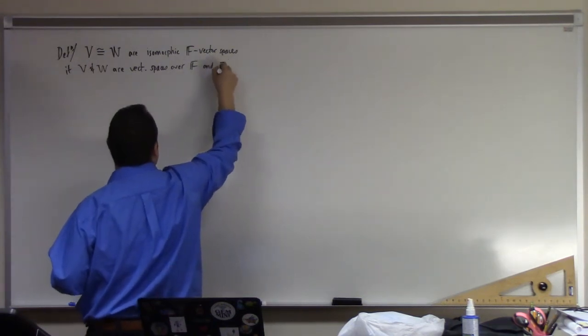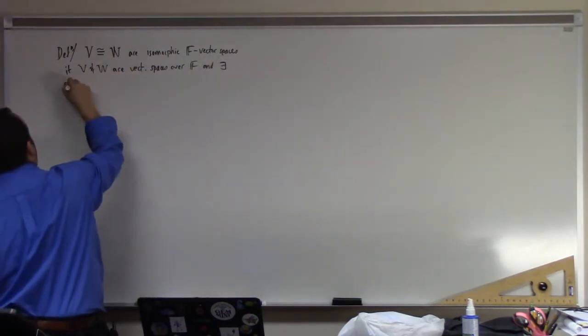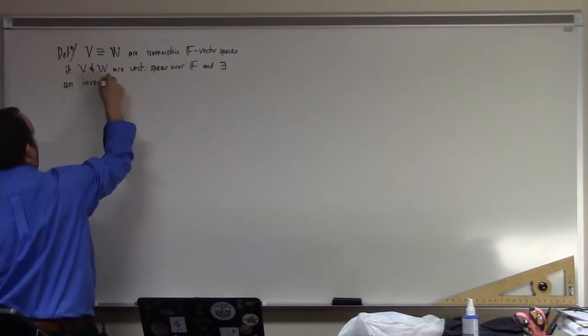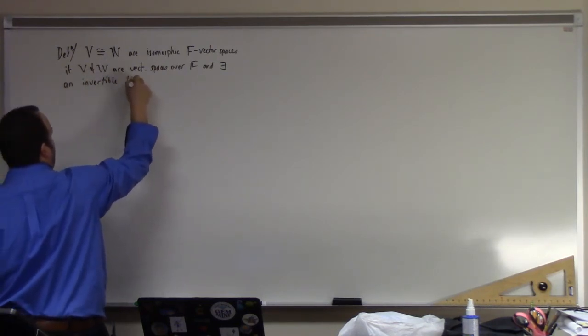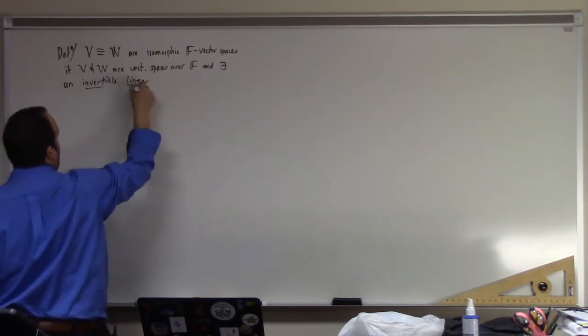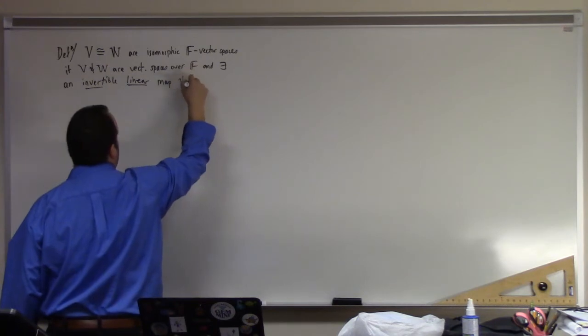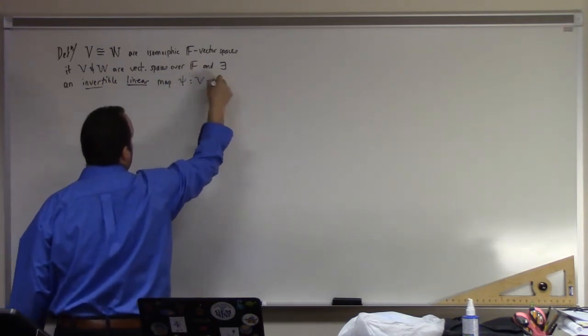And there exists an invertible linear map. I often use psi, which goes from V to W.